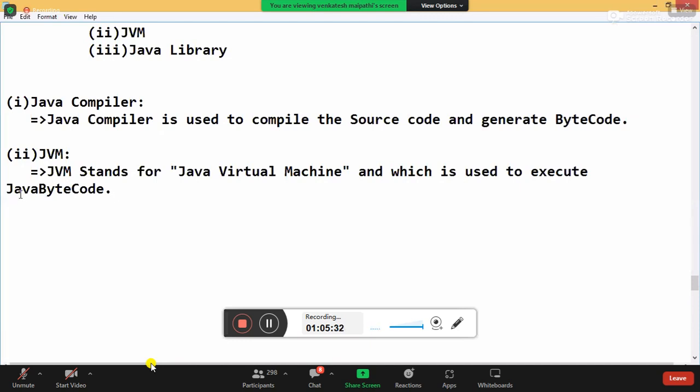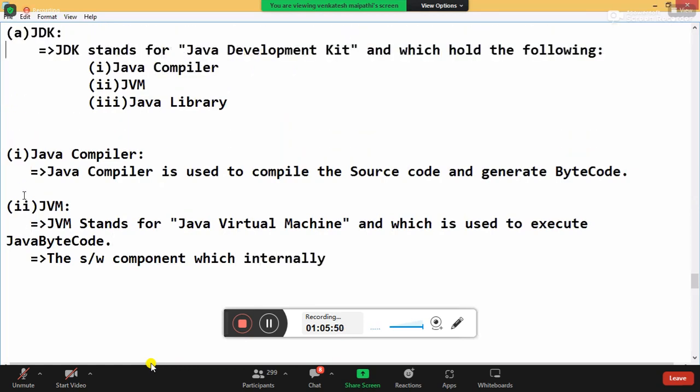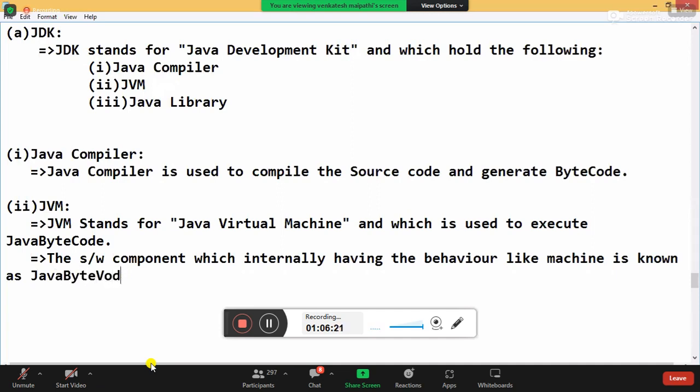I'm writing the answer. The software component which internally has the behavior like a machine is known as... sorry, I wrote it wrongly. Please correct it.